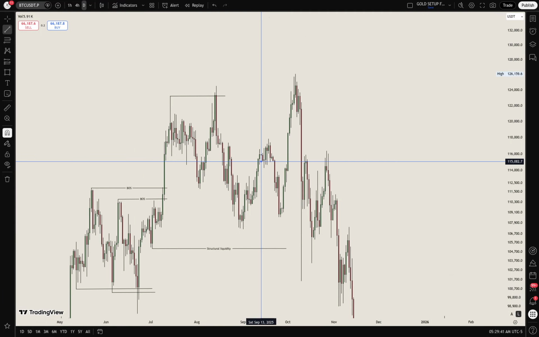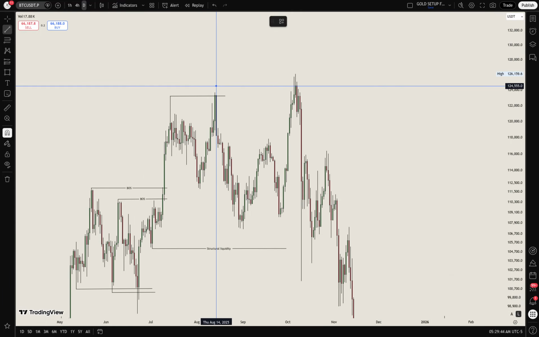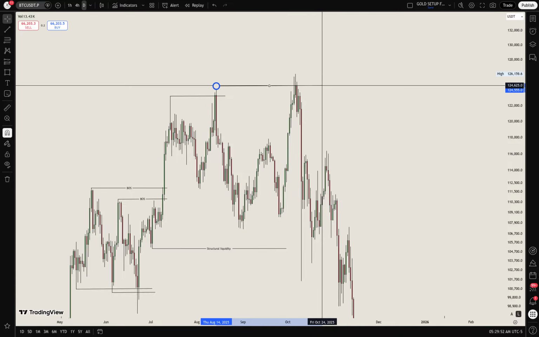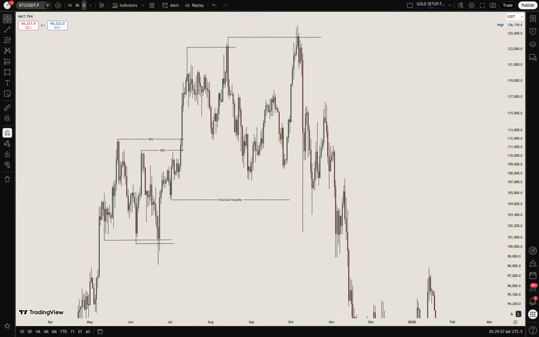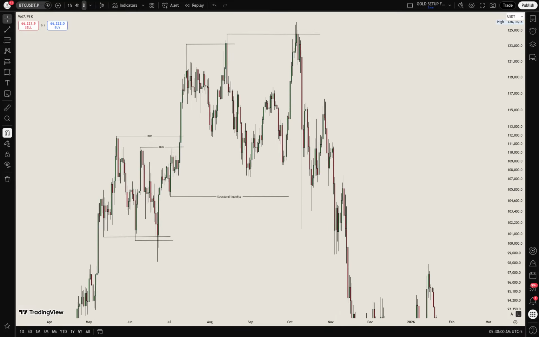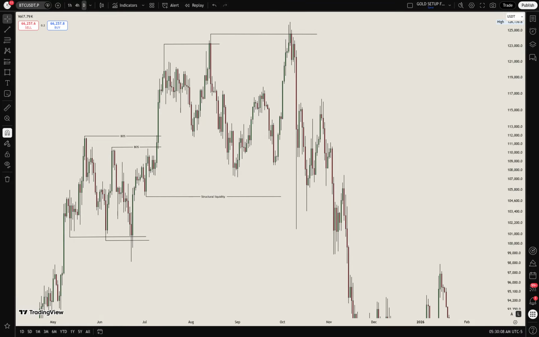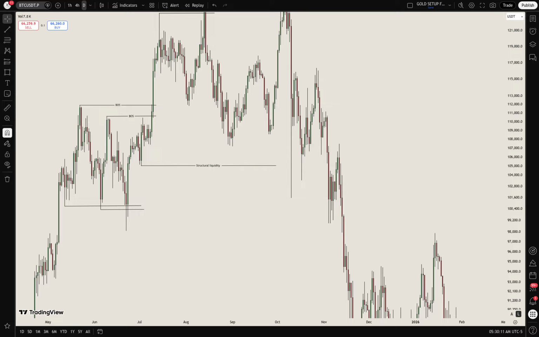This was the supposed high we'll be targeting, but before market could come back to tap into our point of interest, market had already taken out the high, and it did not even close above, so that we can say we'll be targeting more highs. It swept that high, meaning it's going to go to take out the low, which is this low here. It's going to come back to take out this low. That's why this setup failed.